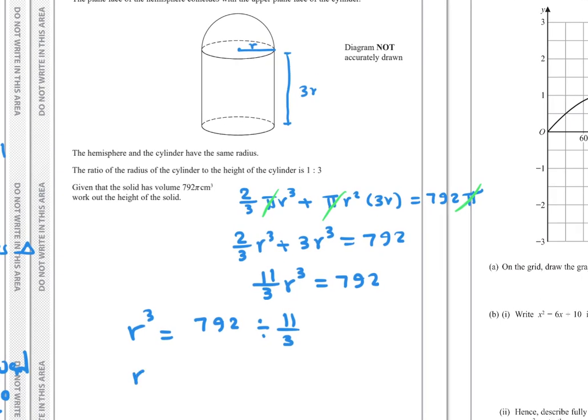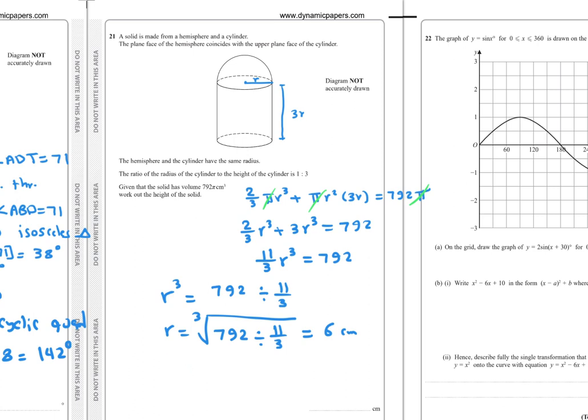And to find r, take the cube root of 792 divided by 11 over 3, which equals 6 centimeters. Now you can find the height of the cylinder equals 3r, so 3 multiplied by 6 equals 18 centimeters.